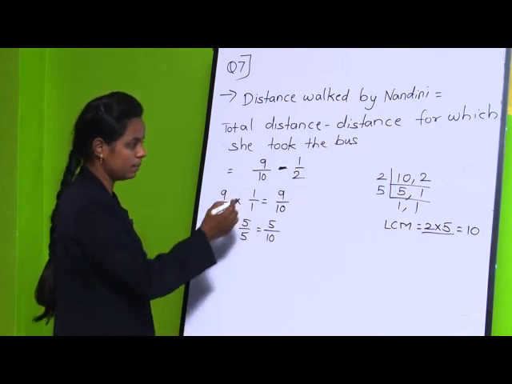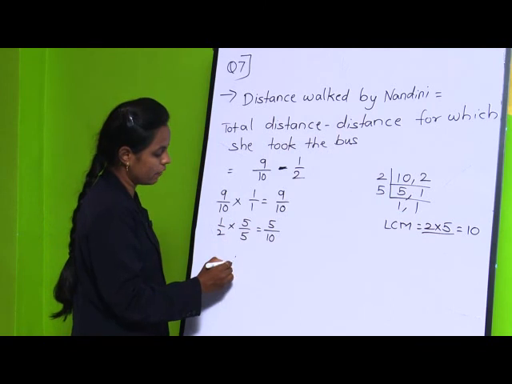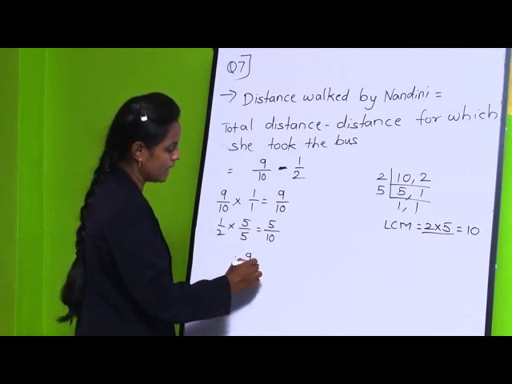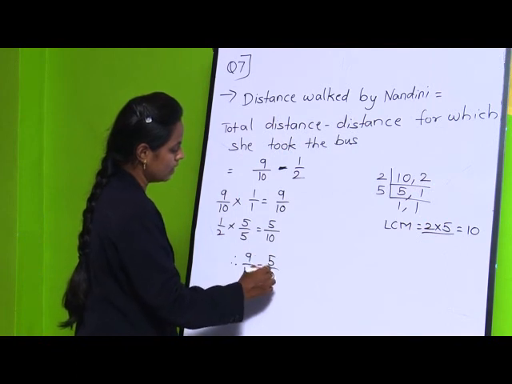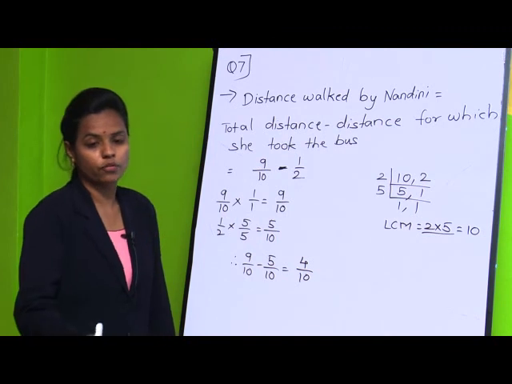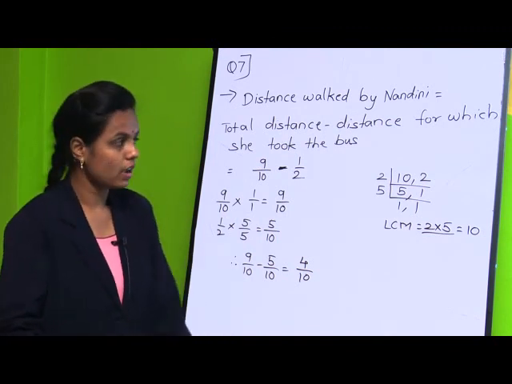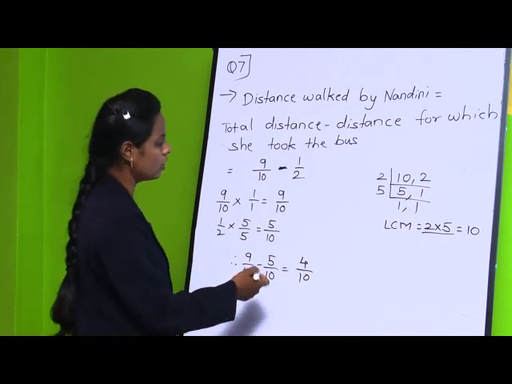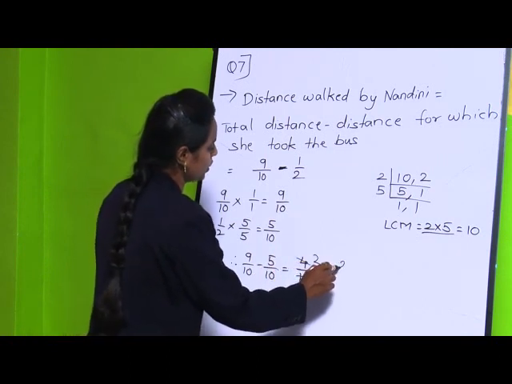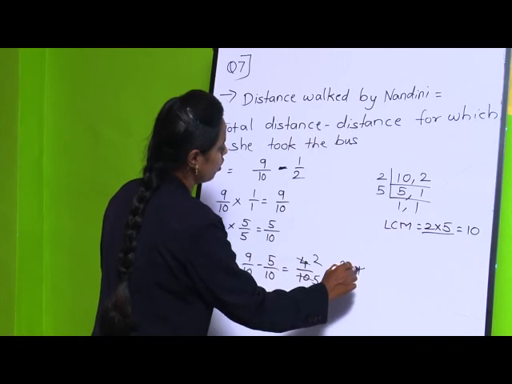Now we can just simply subtract it, that is 9 by 10 minus 5 by 10, that is 4 by 10. 4 by 10 we convert into lowest terms, that is 2 2s are 4 and 2 5s are 10. So 2 by 5 kilometers.